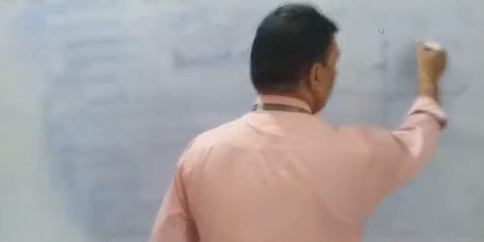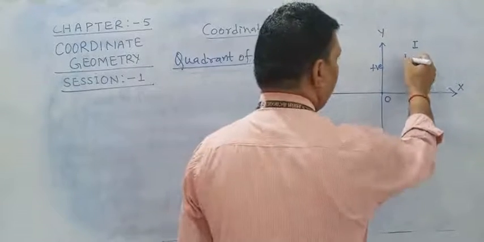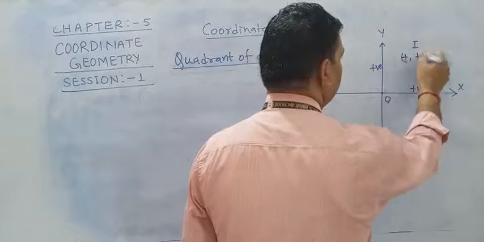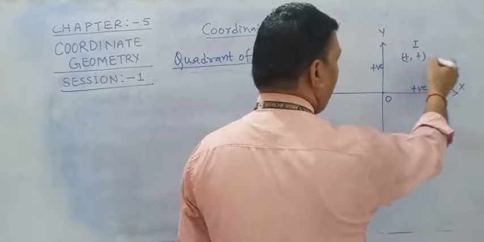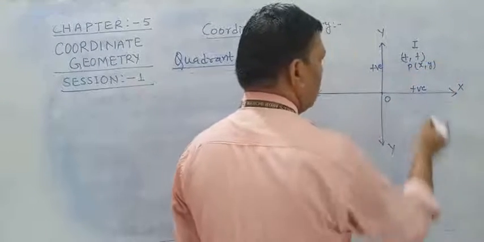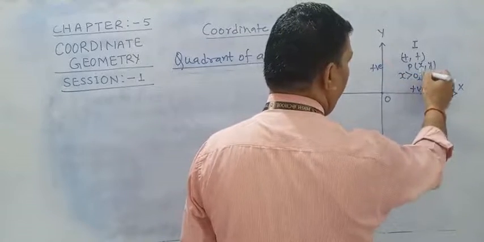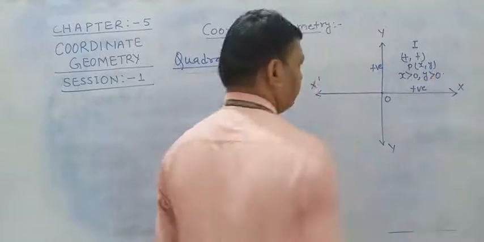So this is called the first quadrant, and the first quadrant has signs plus and plus. So suppose a point P(x, y) is in the first quadrant, then x is greater than 0 and y is also greater than 0.